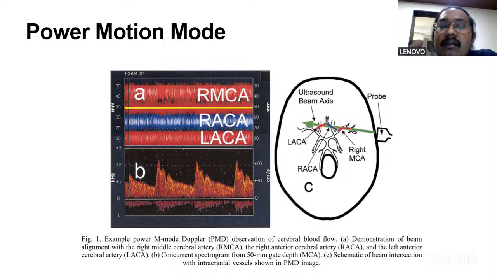So we can actually go from one artery to another artery. This helps in easy localization of intracranial arteries, and it gives us a better picture. So this is the power motion mode.